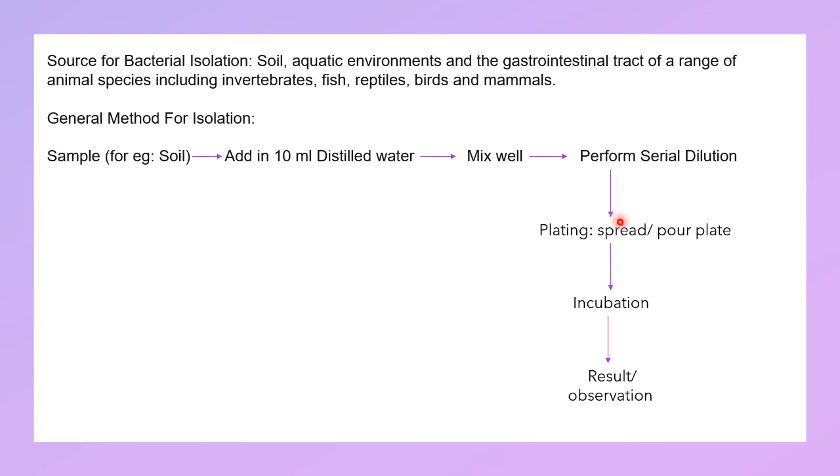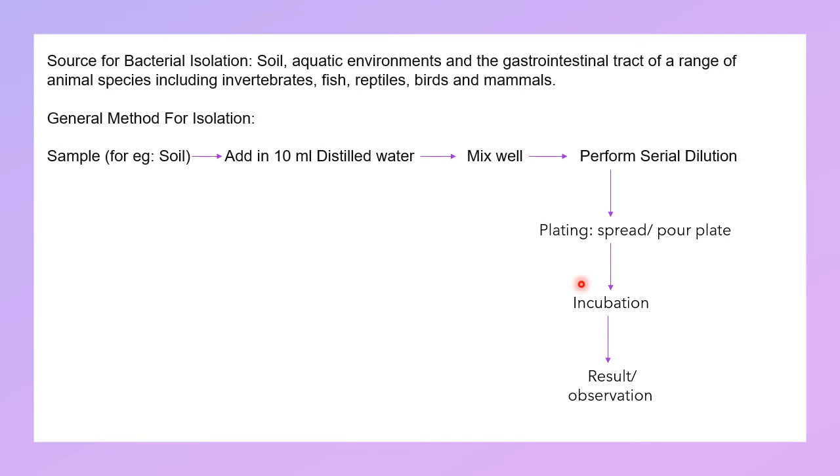You can do spread plate or pour plate. It depends on you which technique you want to choose. After plating, you incubate your plates at 37 degrees Celsius for at least 48 hours. Why 48 hours?